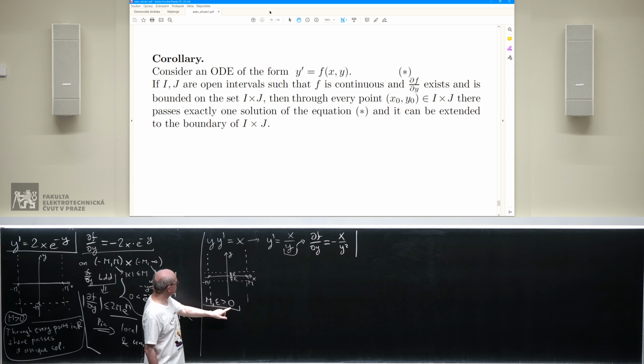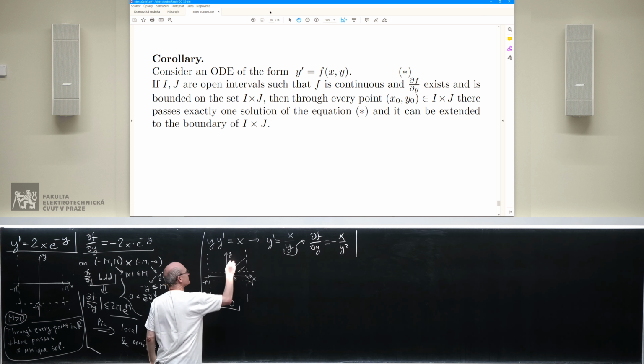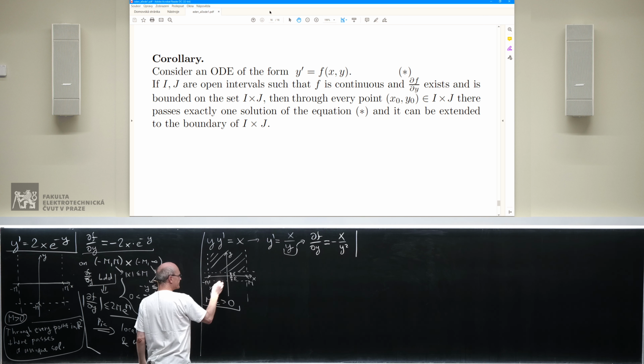So by introducing two positive bounds, one cuts away infinity for x, and the other one cuts away 0 for y, I'm actually obtaining two different rectangles. One rectangle is here on the top, and one is here on the bottom.